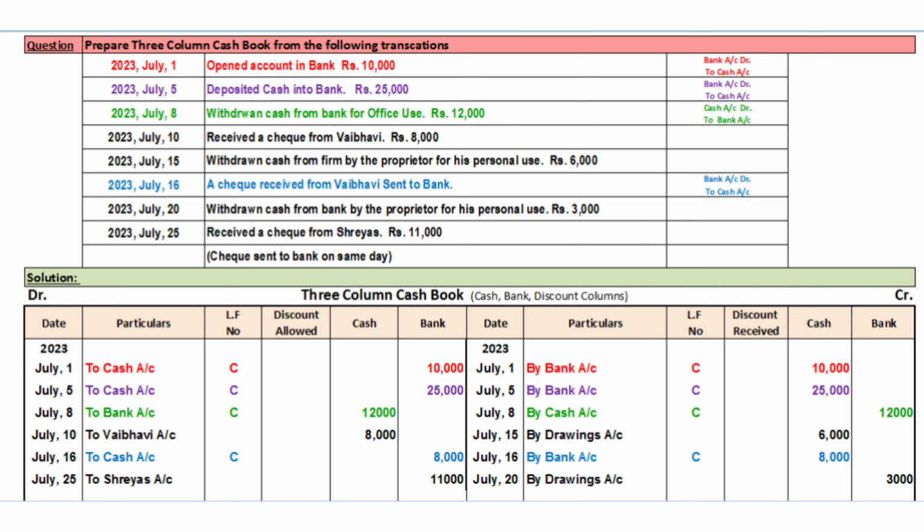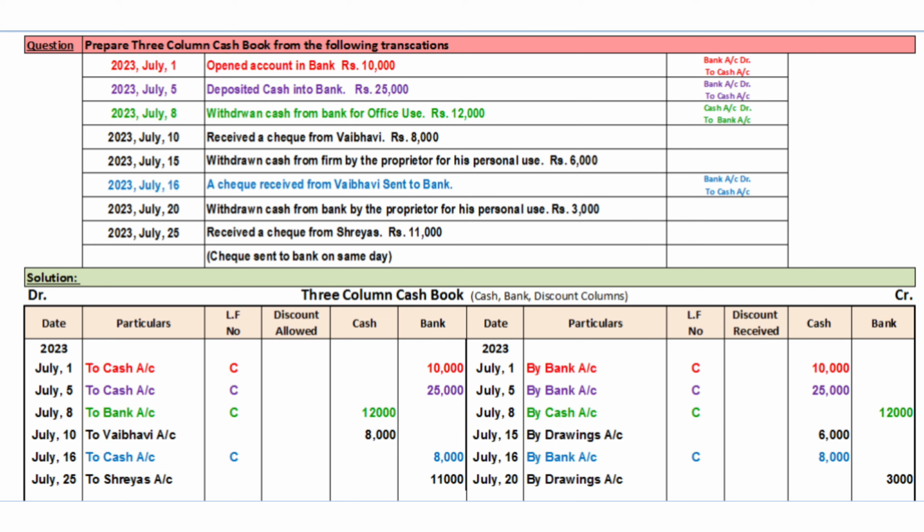In the LF column we can mention C. C means contra entry, and the amount is also written in the opposite column. That means when we write bank, the amount is entered in the cash column, and when we write cash, the amount is entered in the bank column. This is the rule for contra entries.